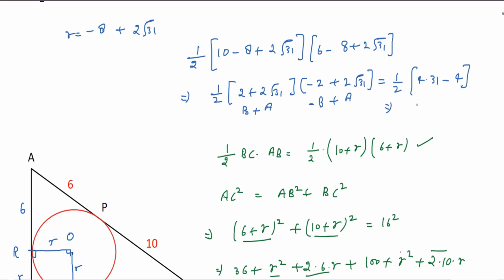So if we divide this bracket by 2, it will give twice of 31 negative 2, so it will be given as 62 negative 2, that will become 60. That means the area of the given triangle will be 60, and this is the final answer of this question.